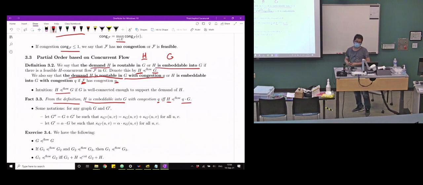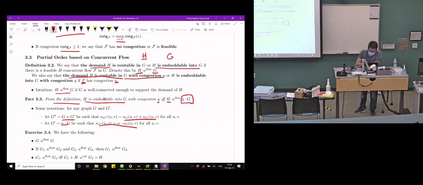That is, if you scale up the... I forgot to say, what do I mean by Q times G? I just mean the graph where you scale up all the capacities by a factor of Q. And I can also talk about G plus G prime, which is just the graph where you add the capacities between all edges.